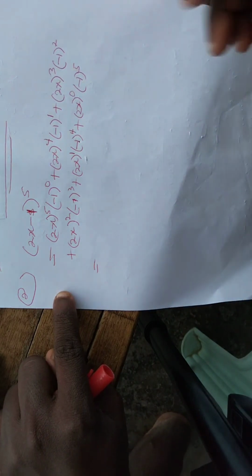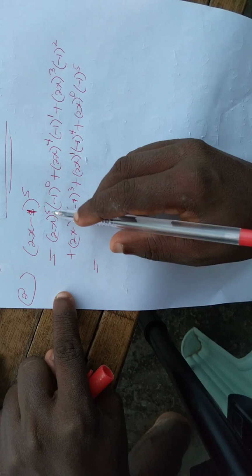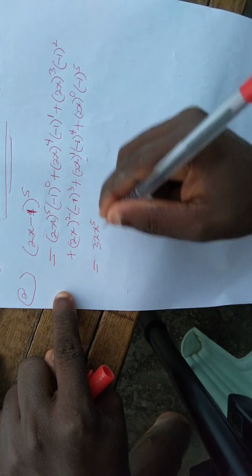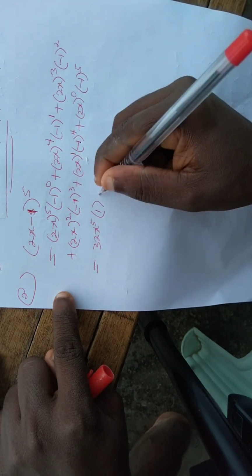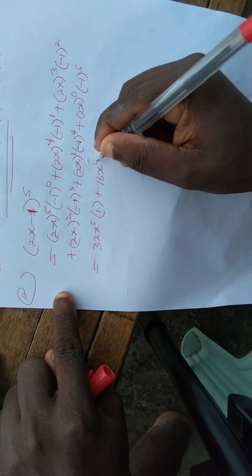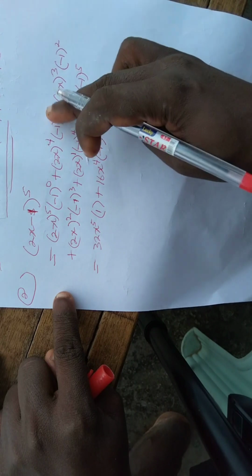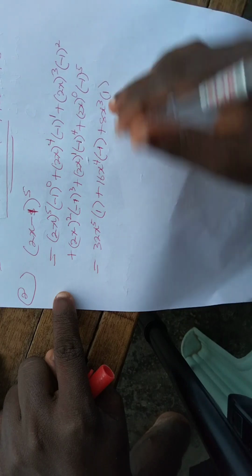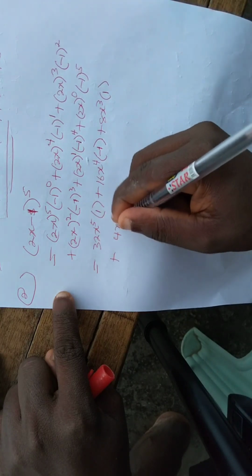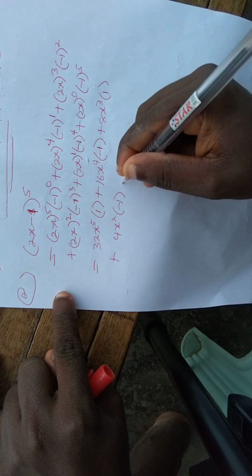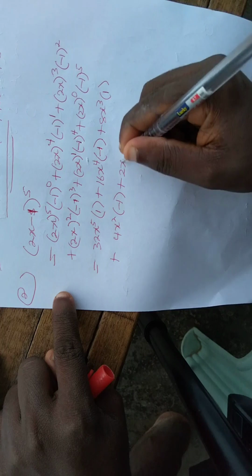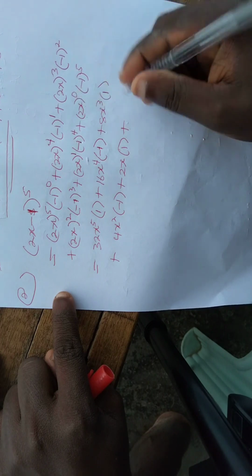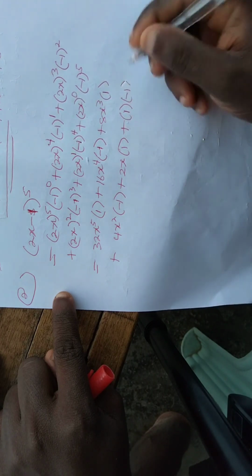So we are going to multiply. 2x raised to power 5 will give us 32x raised to power 5 into 1, plus 16x raised to power 4 into minus 1 raised to power 1, plus 8x raised to power 3 into 1, plus 4x raised to power 2 into minus 1, plus 2x into 1, plus 2x raised to power 0 is 1 into minus 1.